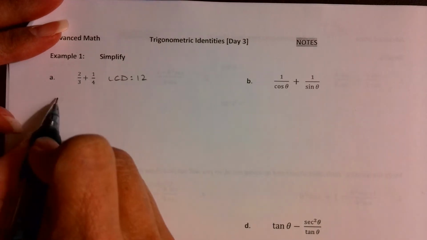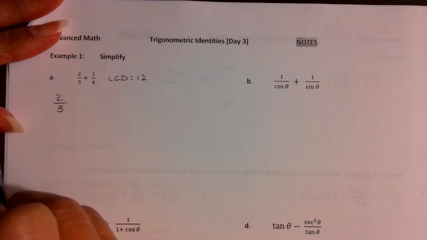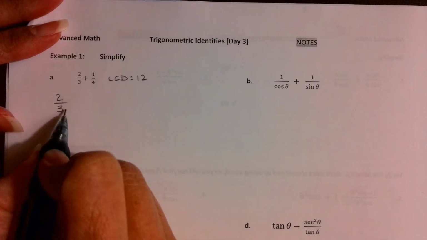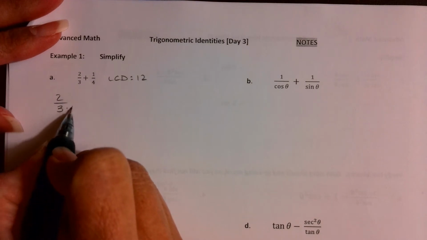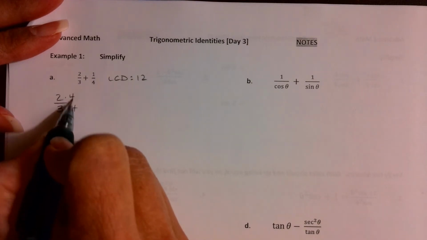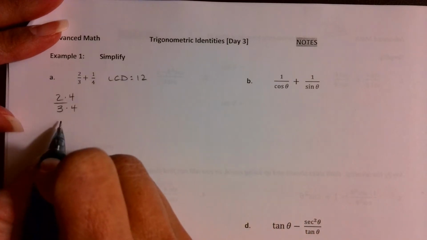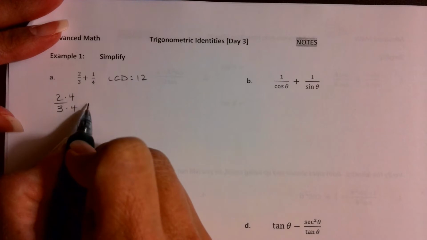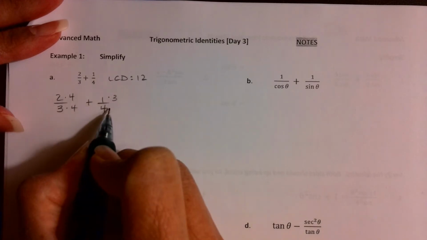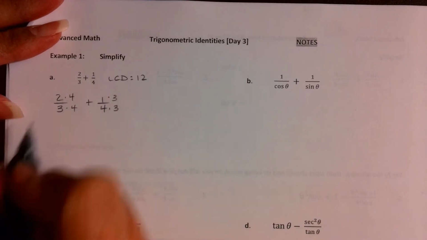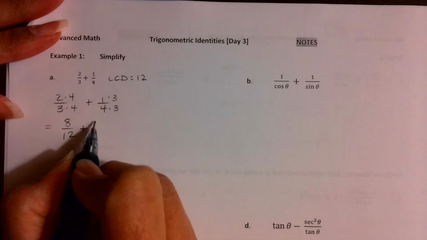So you had to force your denominators to be 12 by multiplying by a factor that would lead to that denominator being a 12. So we're going to multiply by 4 in the numerator and the denominator on that first fraction, and by 3 on the second fraction, numerator and denominator. So we get 8 over 12 plus 3 12ths.